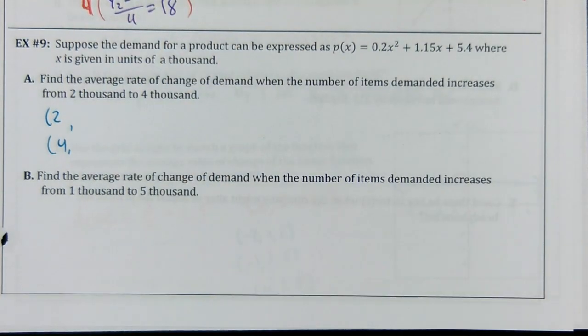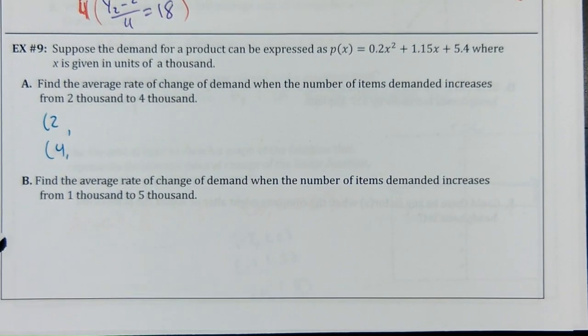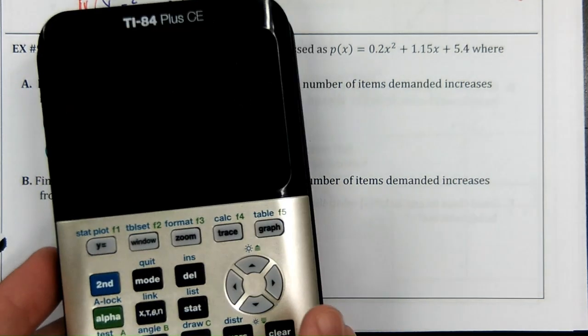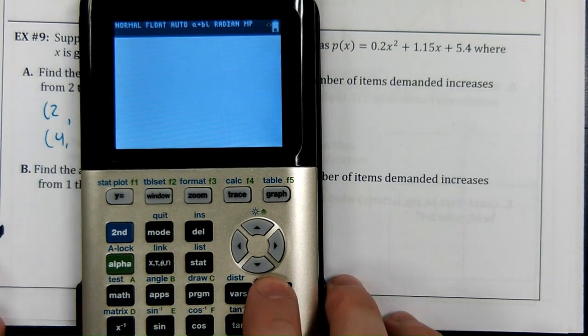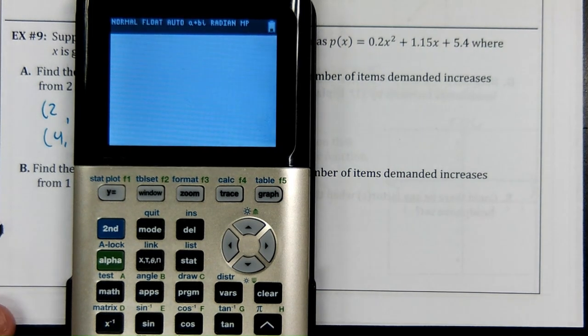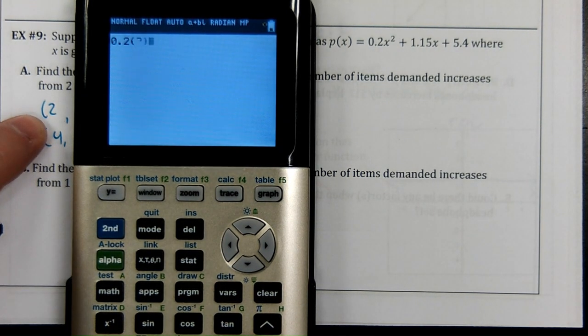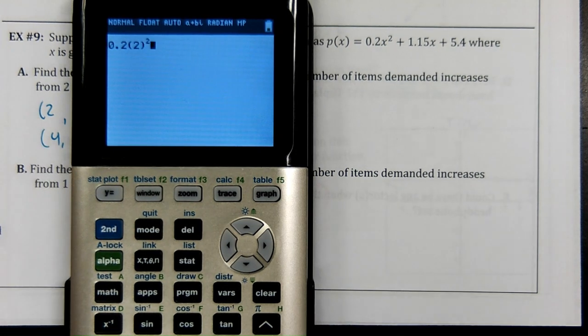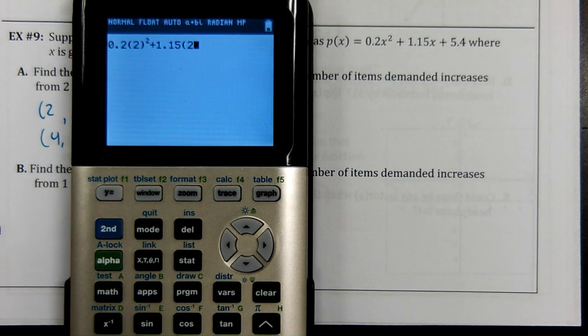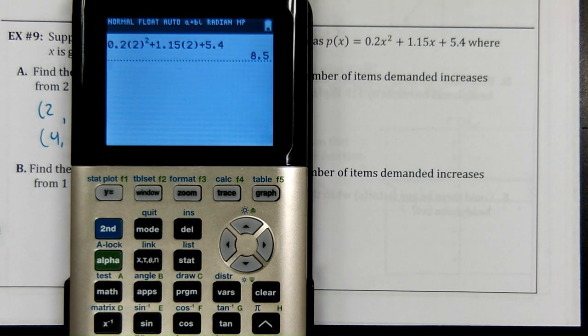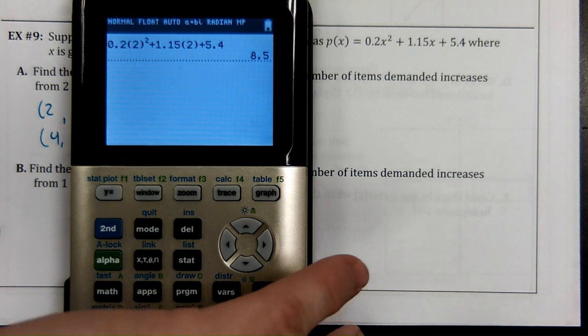We're literally just going to plug those two x values in and get a y value. I'm going to use a calculator for that and make my life easy. .2 times 2 squared. So anytime I substitute, I use parentheses. Substituting x equals 2 gives me 8.5.